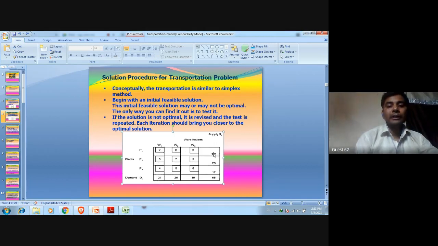Similarly, if you send 17 units to warehouse W2 from plant P3, note that W2 requires 25 units, but plant P3 has a capacity of only 17. We will also solve this example next.